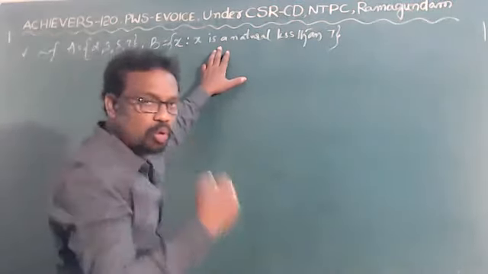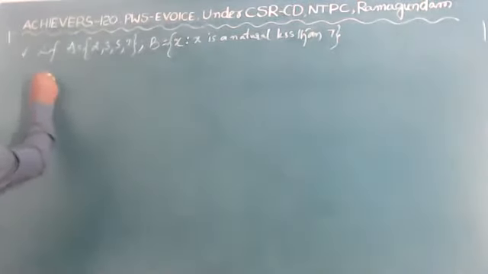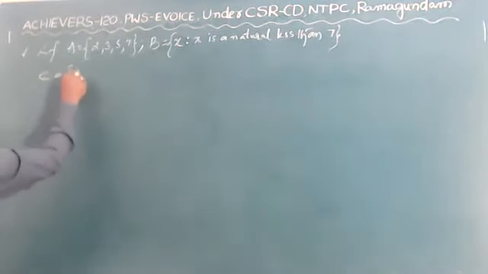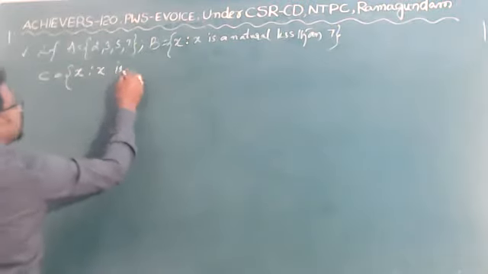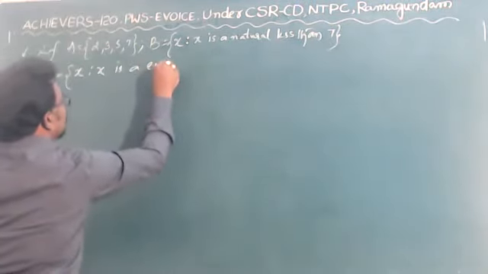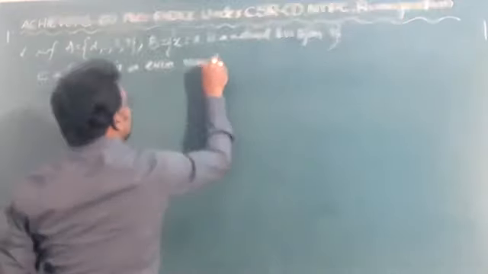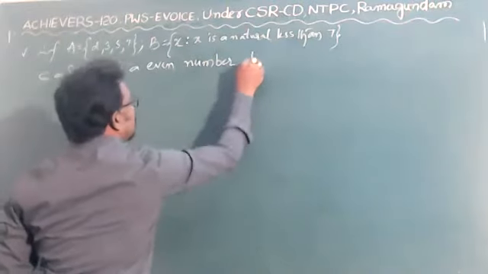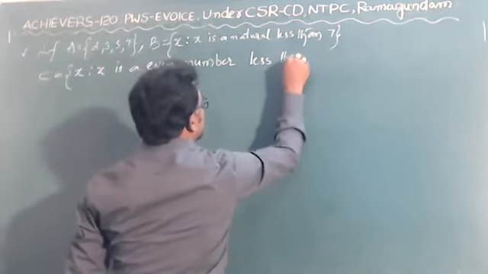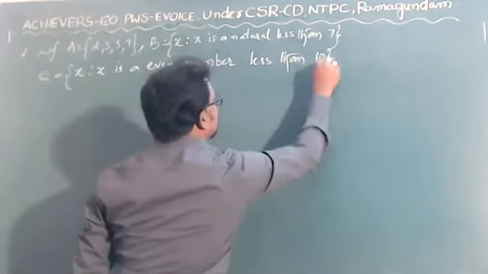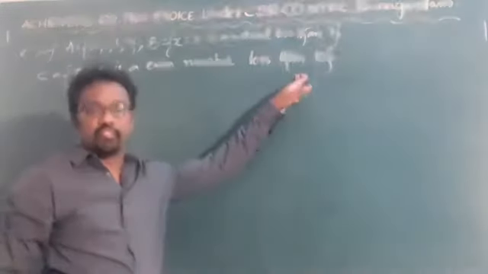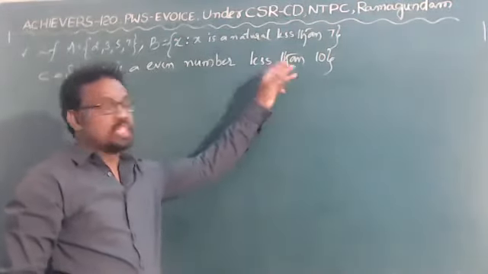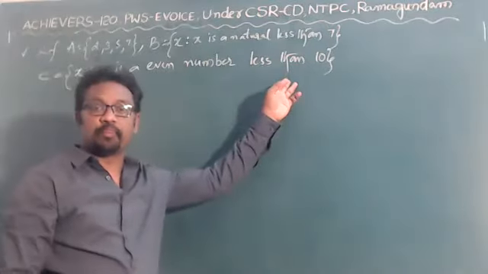Let us go with one more set builder form. C is equal to {x : x is an even number less than 10}. This is called set builder form.